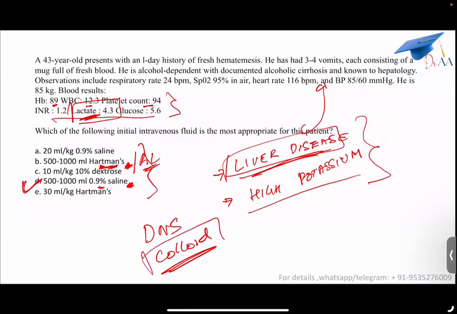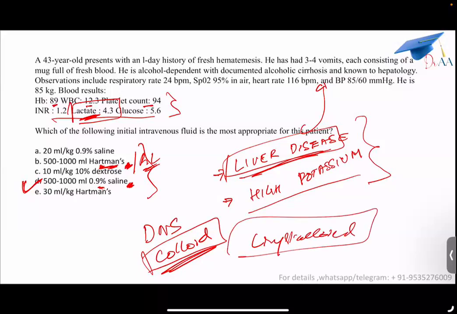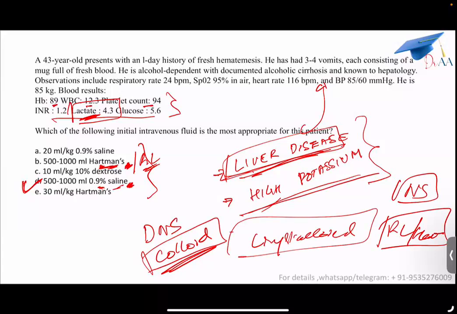Never give colloid; you will always be wrong if you give colloid. Always give crystalloids. Ideally, isotonic crystalloids are preferred. One of the crystalloids is normal saline. The other is ringer lactate, also known as Hartmann's. This is more preferred compared to NS in most situations, except in liver disease and high potassium levels. Never give colloid. DNS is a colloid. Don't give DNS.